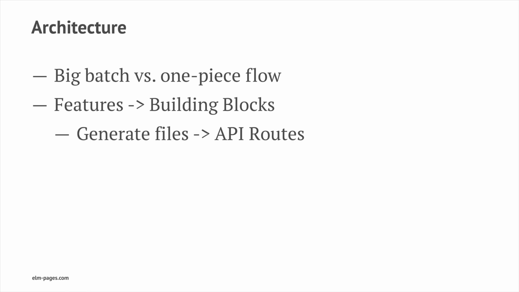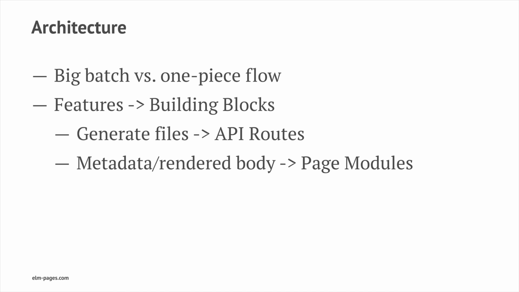Instead of saying, here are a bunch of files to generate, it's now, here's an API route, and when you hit that API route, here's how you render it. And you can either say, here are the routes that I want at build time, the known list of routes, just generate these files, or it could be a single file, or it could even be serverless. So it opens up that direction too, which is really cool.